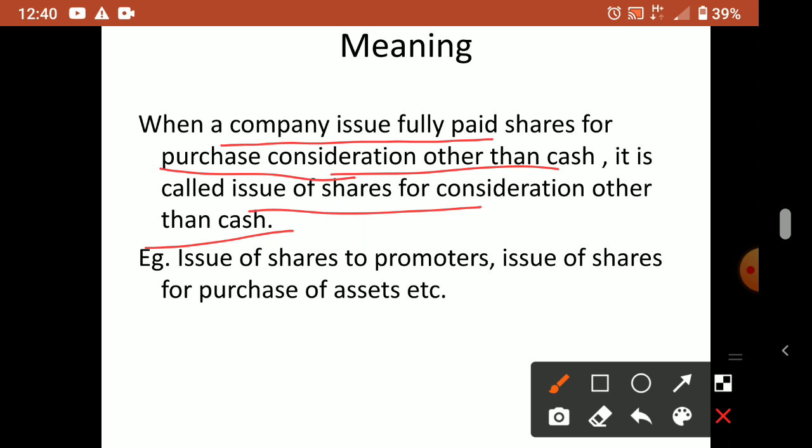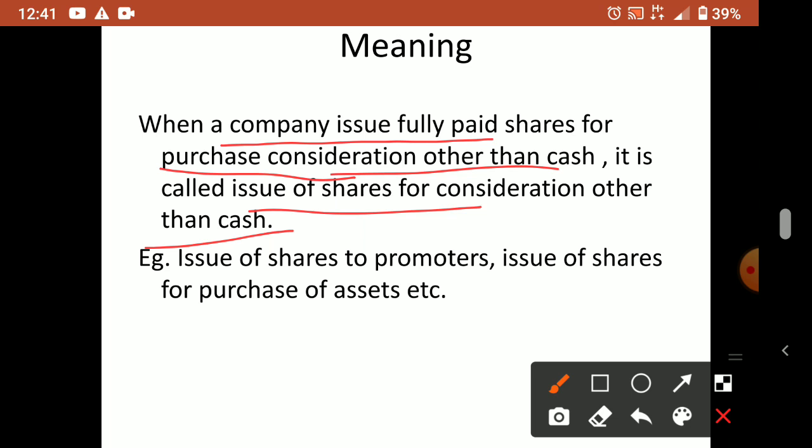Equal to that money, that much in number of shares we will issue. So they will not give money to us for those shares. Actually we have to pay them. Suppose 5 lakhs we have to pay them. So instead of paying the money, we are giving them what? Shares. So that is why it is known as consideration other than cash. Here consideration means something in return.